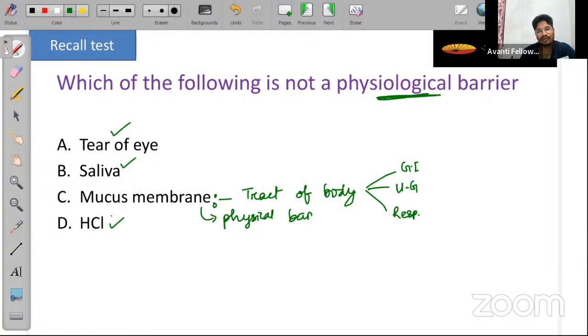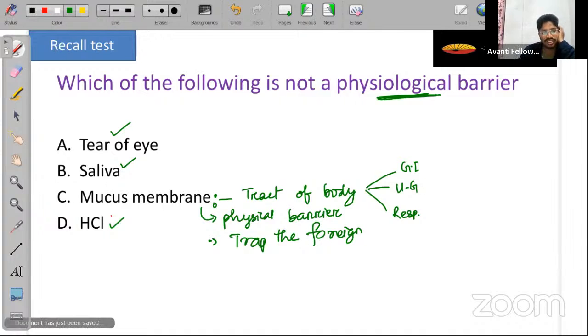Why? Because this mucous membrane will trap the foreign particles which try to move into the body through the gastrointestinal tract, urinogenital tract and respiratory tract. If anyone tries to enter, it will trap them. So option C will be the correct answer. It comes under physical barrier, it is not a physiological barrier. Okay, I'm moving to the next slide.